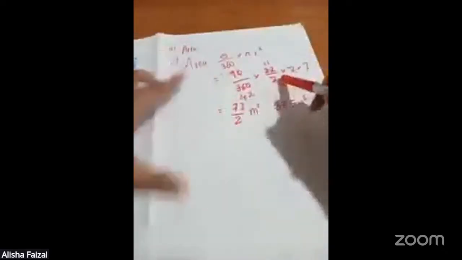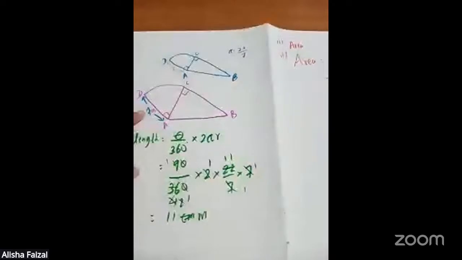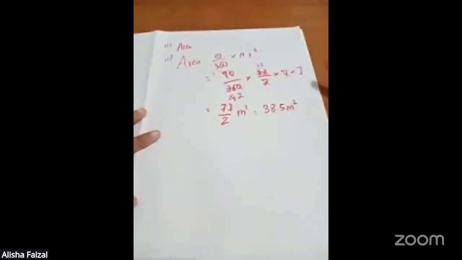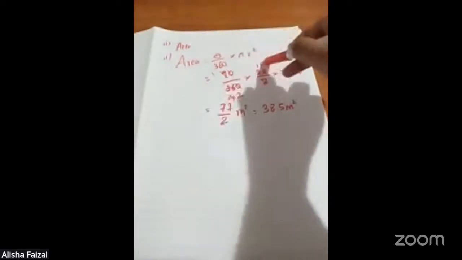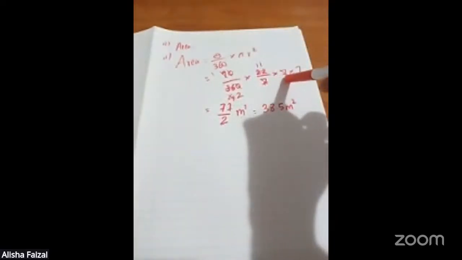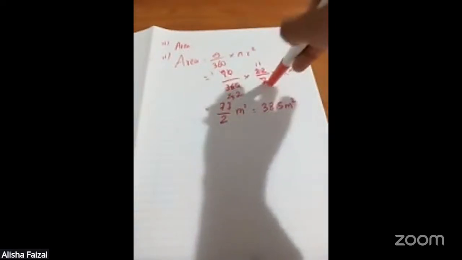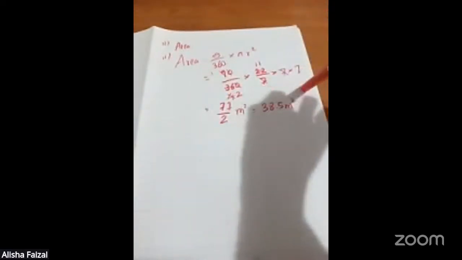Pi is equal to 22 over 7. R is equal to the radius, and the radius is 7. Now we have written not r, we have written r squared. R squared means r multiplied by r, which is 7 multiplied by 7. Why? Radius is 7, so r multiplied by r is 7 into 7.